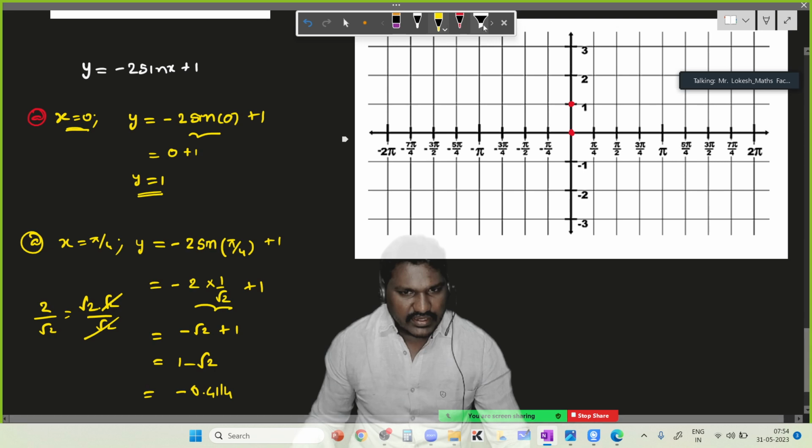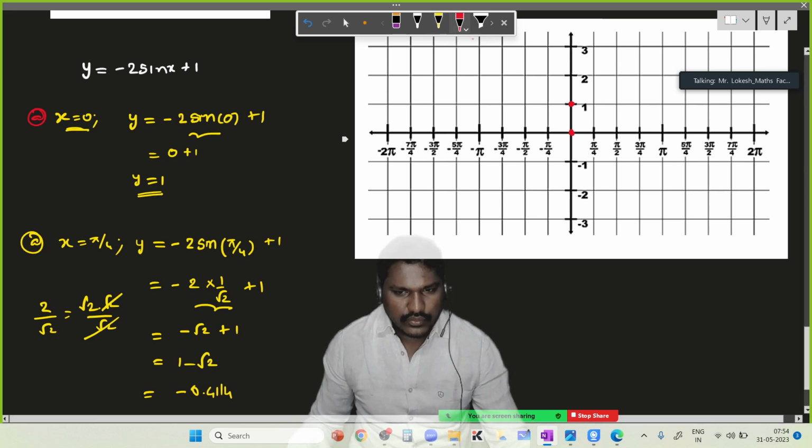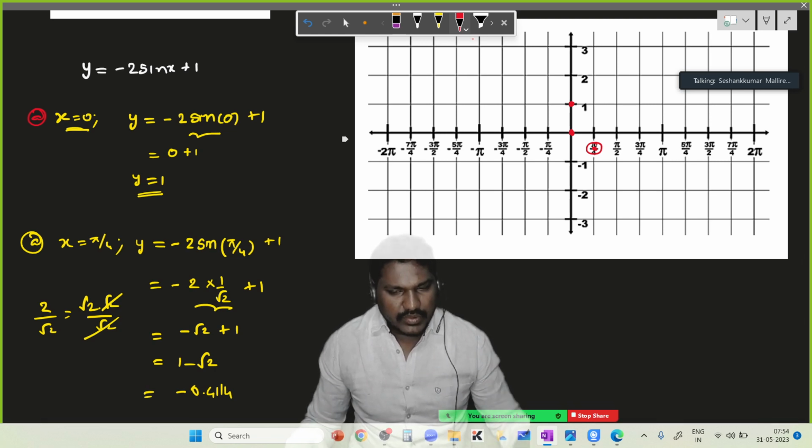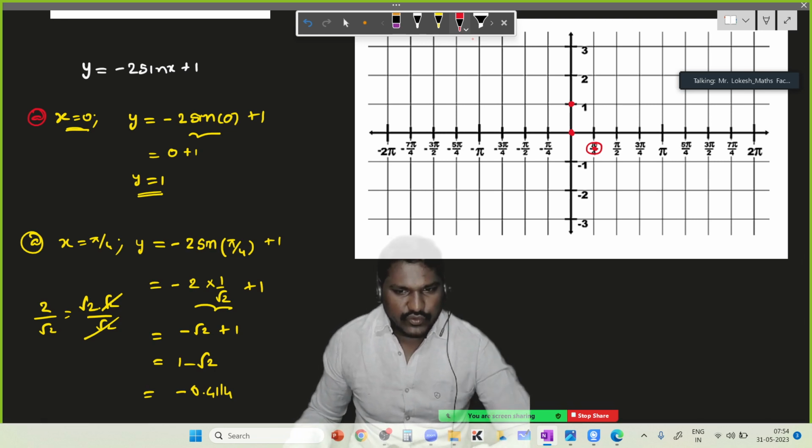That means at x is equal to pi by 4, the value is somewhere here between 0 and minus 1. Okay, the value is minus 0.414.